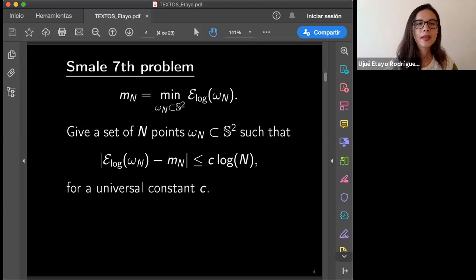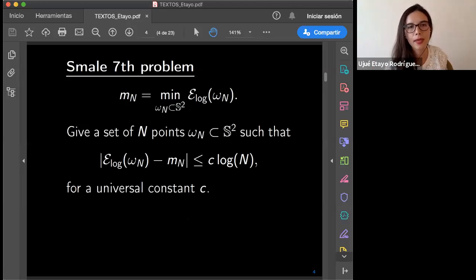For that, I'd like to refer from now on to Mn as the minimal logarithmic energy for n points. So here I let omega n vary over any set of n points on the sphere, and I take the minimal value that this energy attains.